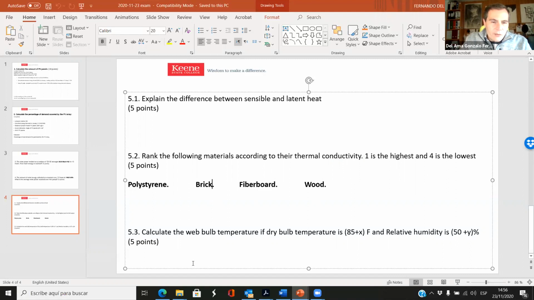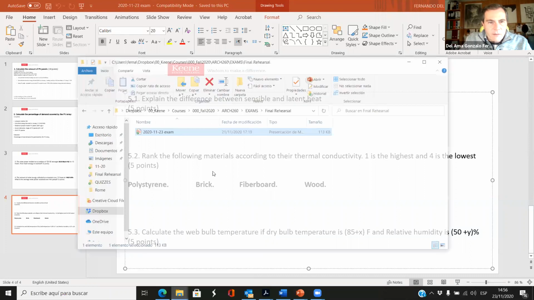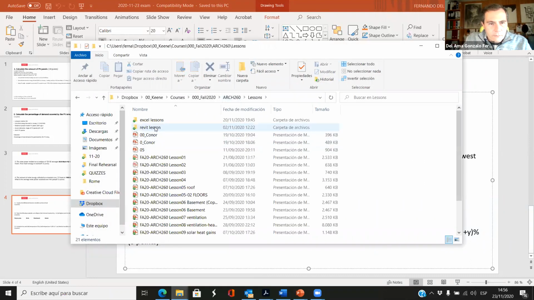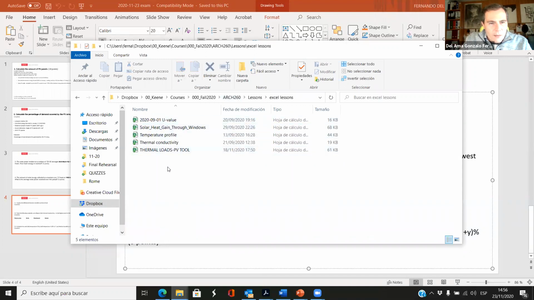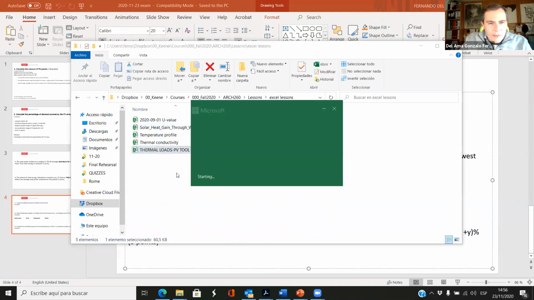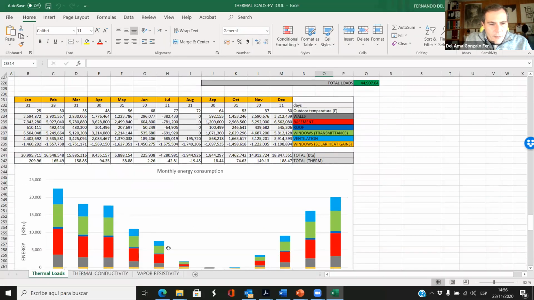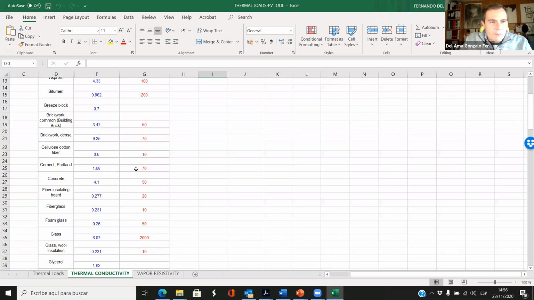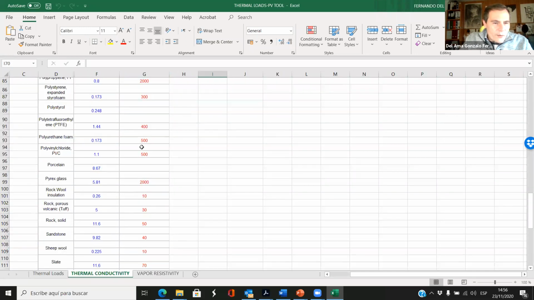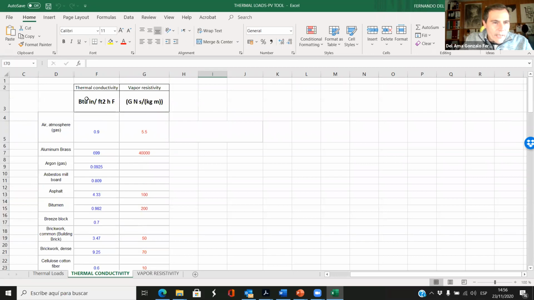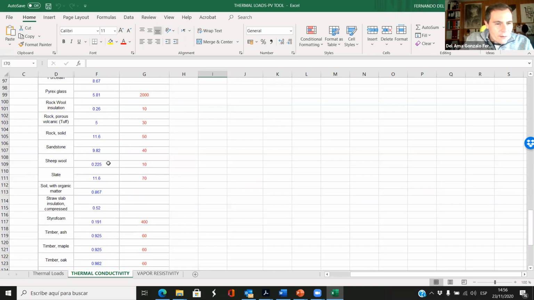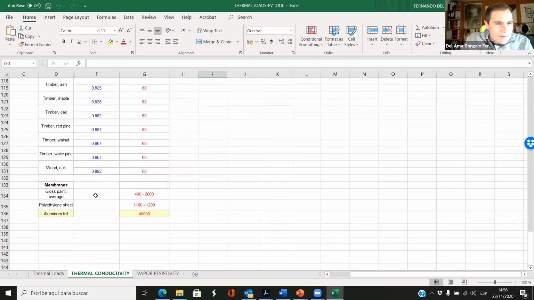If you don't believe me, you can go over the Excel file. On this Excel file, you remember that we have the thermal conductivity, and we are looking at this value. The lowest value would be the best.